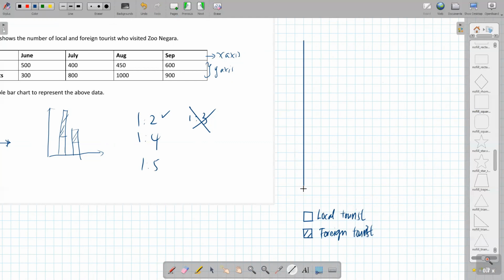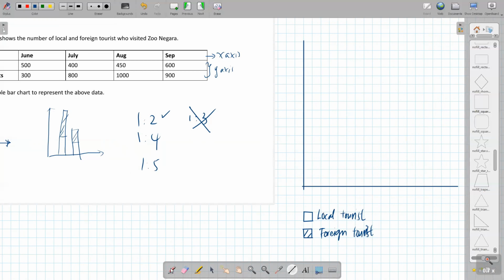So we draw the axis first. Because this one is combined, we have to add up the values here first, right?